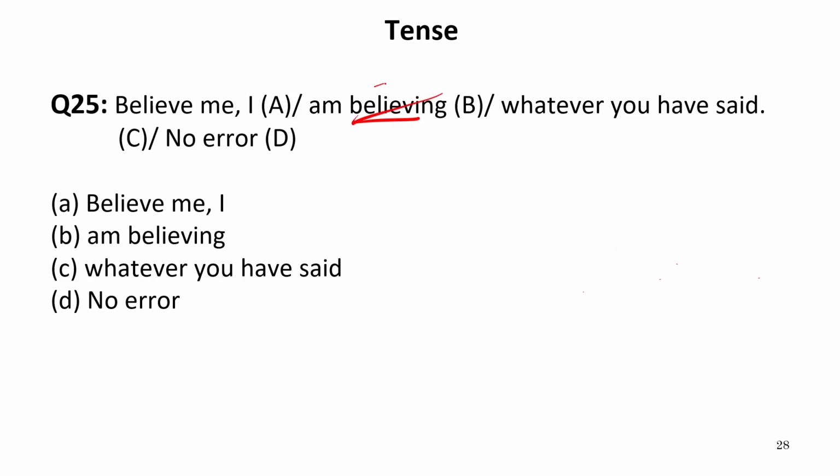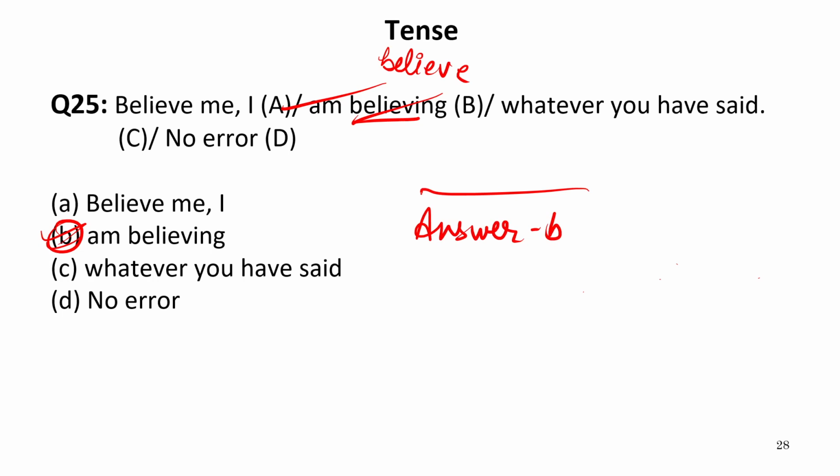So, I'm believing should be replaced with believe. So the correct sentence will be, believe me, I believe whatever you have said. So the error is in part B. So our answer is B. This is again a very important kind of sentence and it has come many times in our exams. Now let us move to the next one.